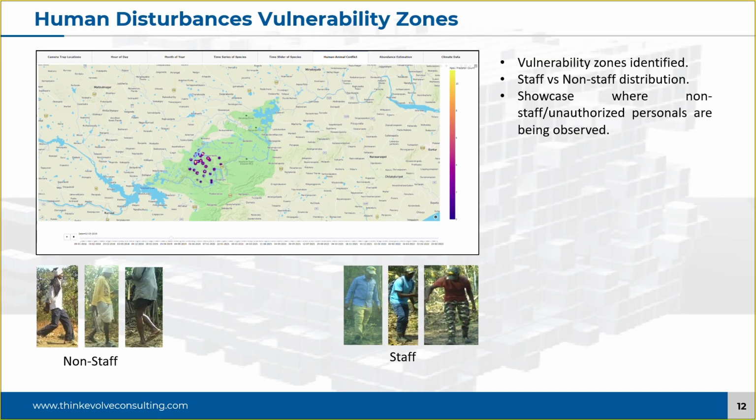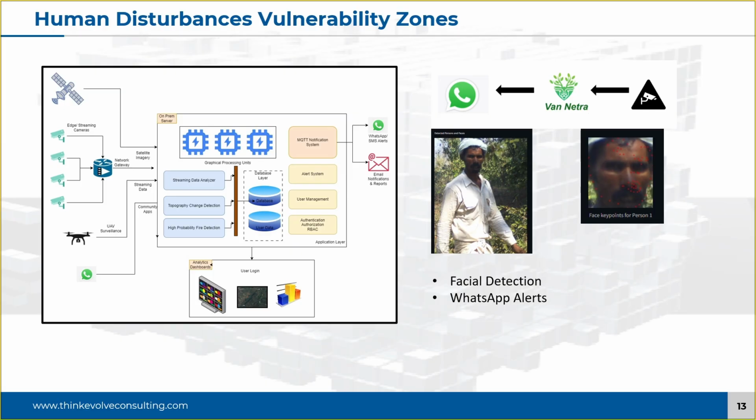If any humans are identified from the images, we classify them into staff versus non-staff, authorized and non-authorized people. Face recognition takes place, and those images are sent via email or WhatsApp notification to people on the ground so that they can take immediate action.